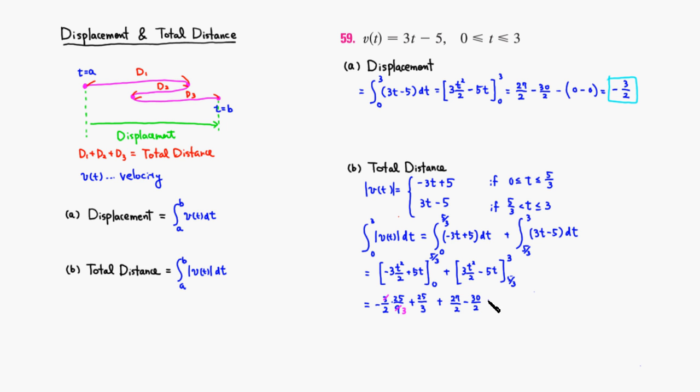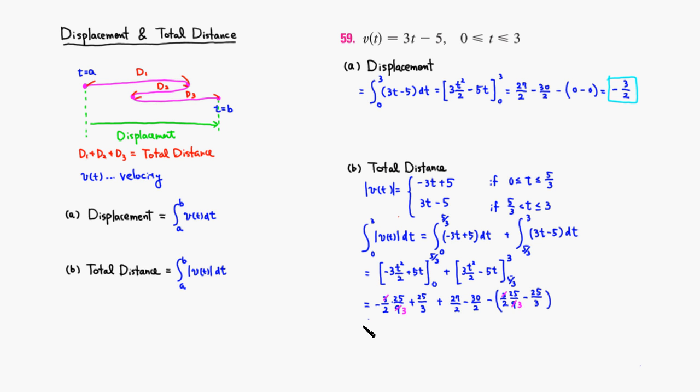Then minus, plugging in 5/3, we have 3 over 2 times 25 over 9 again, and minus 5 times 5, which is 25 over 3. Let's simplify. The 3 and the 9 cancel out, so you have 3 there.